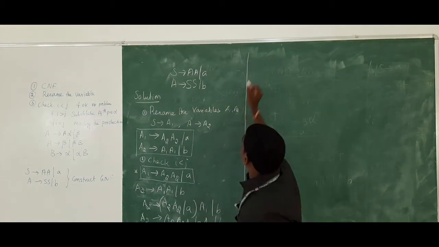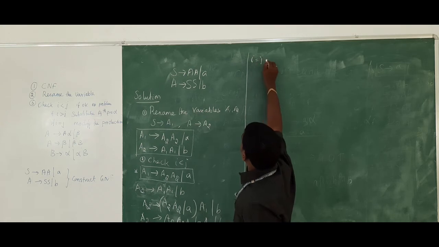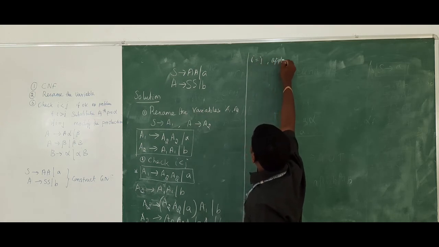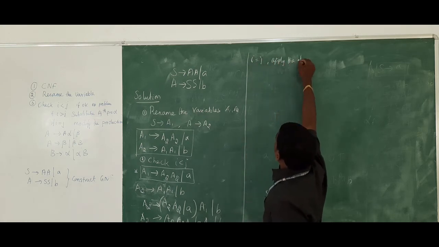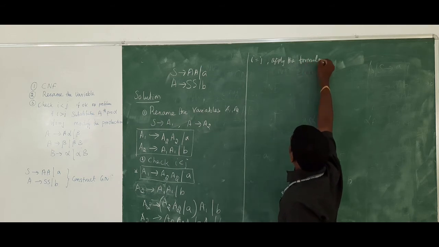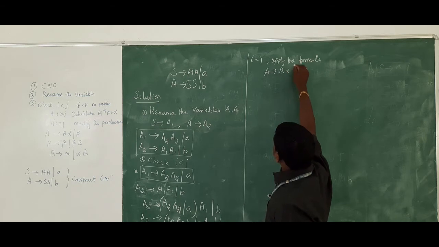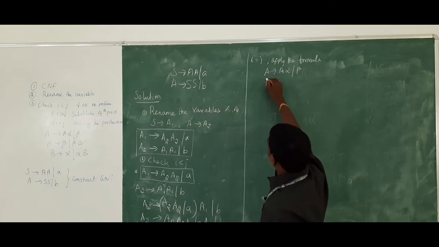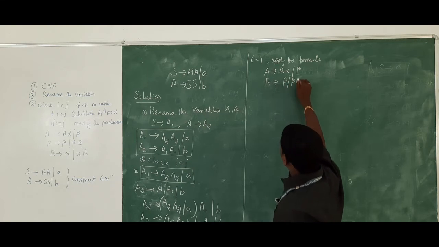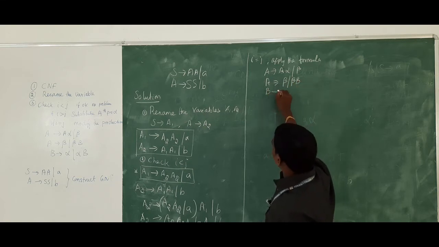So if i is equal to j, apply the formula: A tends to A alpha slash beta becomes A tends to beta slash beta B, and B tends to alpha slash alpha B. Clear?